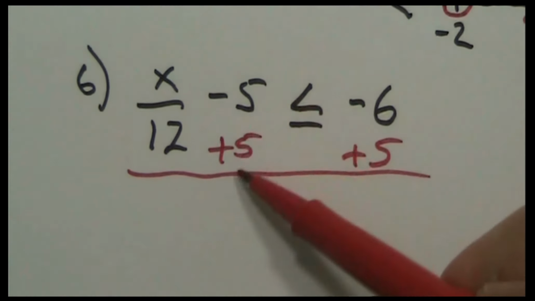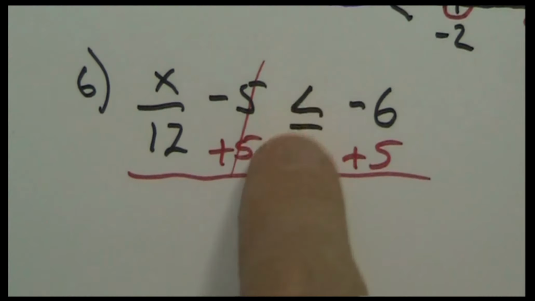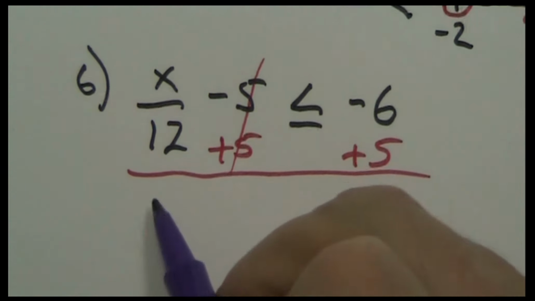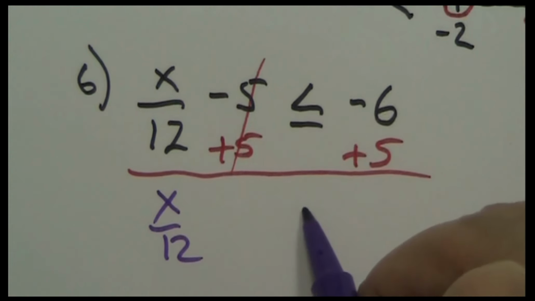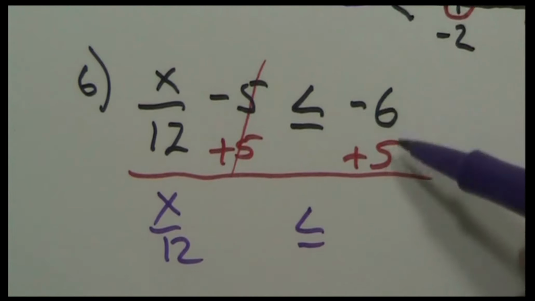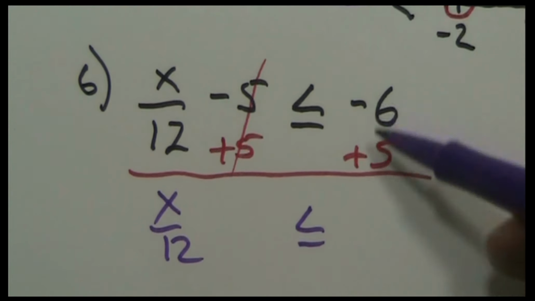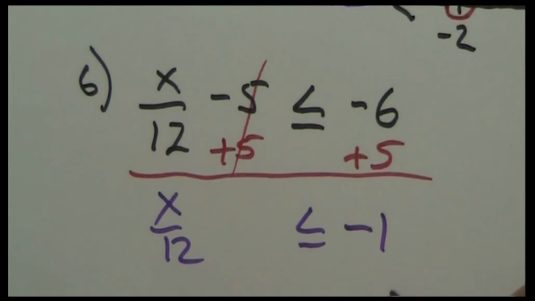All right, because that will make this 0. 5 and negative 5 is 0. Then I have x over 12 left. I'll bring down the symbol. 6 negatives and 5 positives. Well, there's more negatives. 1 more negative.